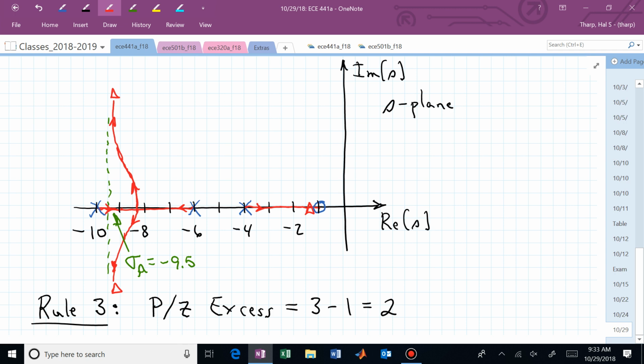How is the real part of those triangles moving as we crank up the gain k? Is it moving all the way over into the left half plane and getting bigger and bigger in the negative direction? No, we're kind of stuck, aren't we? We're sort of stuck at a real part of minus 9.5.